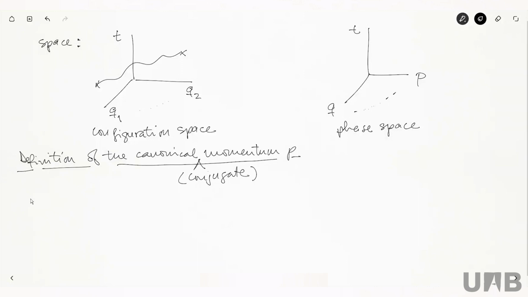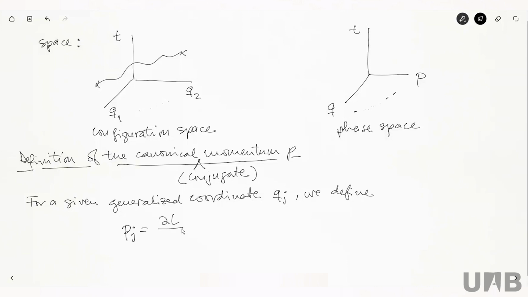Okay, so the definition is, for a given generalized coordinate q j, we define p j as the derivative of L with respect to q dot j, the corresponding velocity to q j.